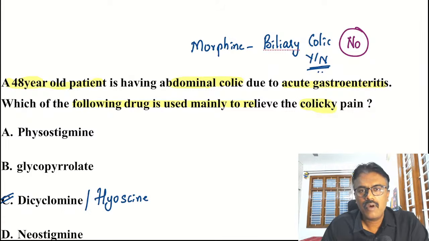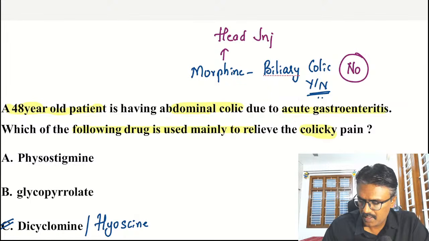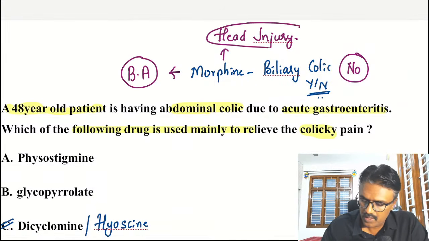So don't give morphine in biliary colic, don't give morphine in head injury, and don't give morphine in a patient with bronchial asthma. So in these three conditions, morphine should not be given.